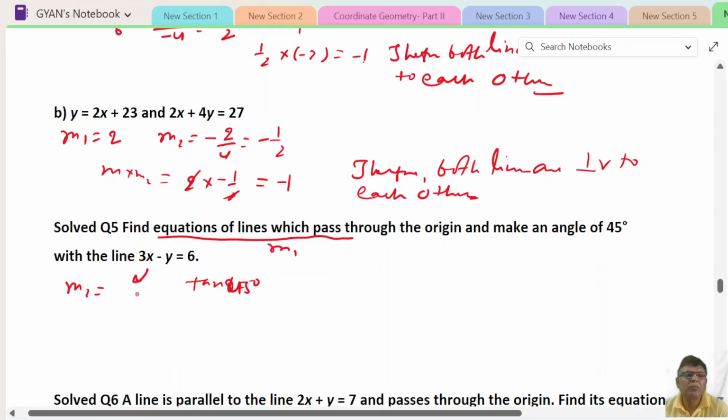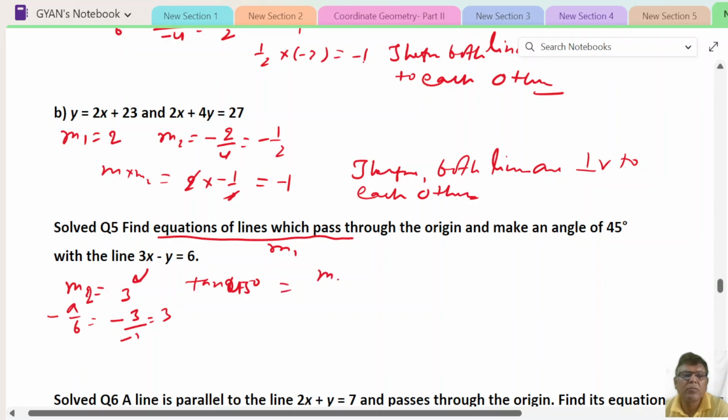So m2 is equal to 3. M2 is equal to 3. So minus a by b. So minus of 3 divided by minus 1 is equal to 3.